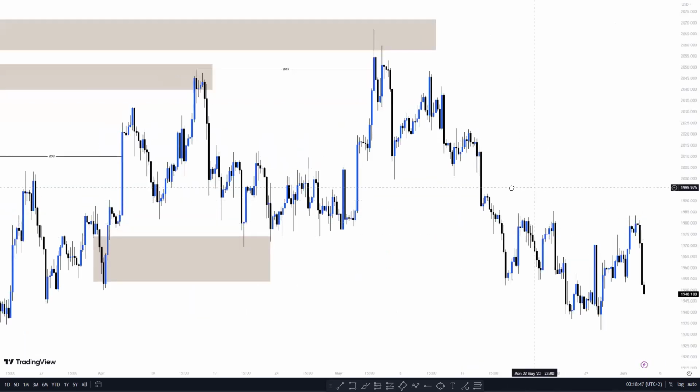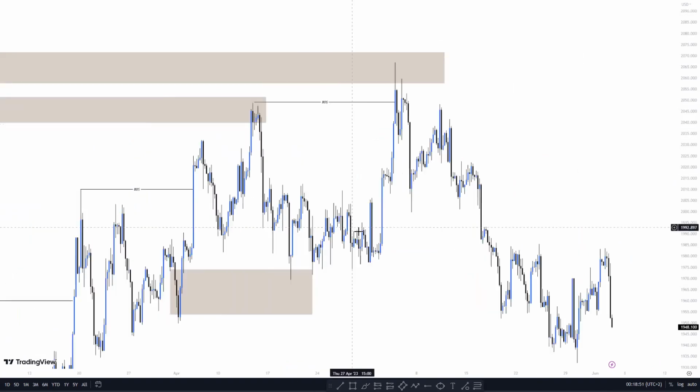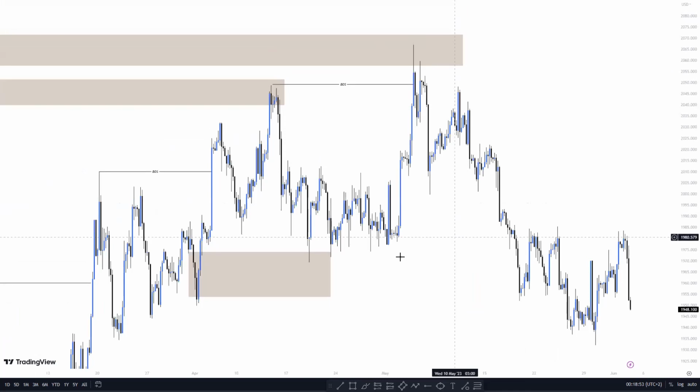Now, which low created this high? It is this low here. So, break of structure or pulling back. This is the low that broke structure.